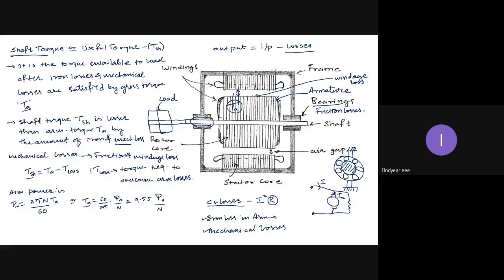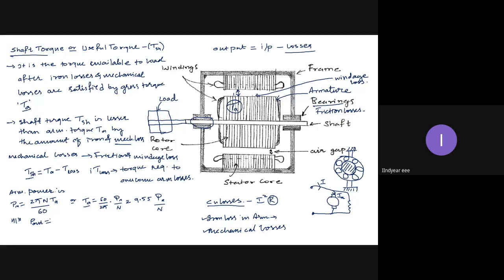Similarly, what is shaft torque? Shaft torque is the output torque. So using this equation, similarly I can write P out is equals to output power. When I say a machine of 5 kilowatts, P out is 5 kilowatts.